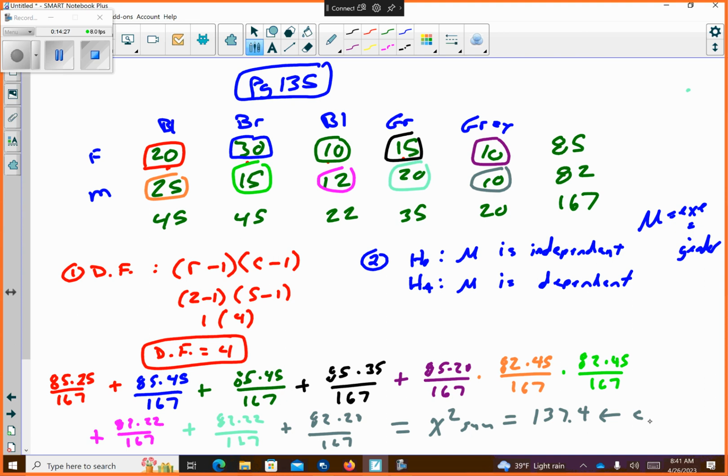I made a mistake again. This should have been 147 or 149.6. Let's just make sure that I did it all right again. The very first one was my error.